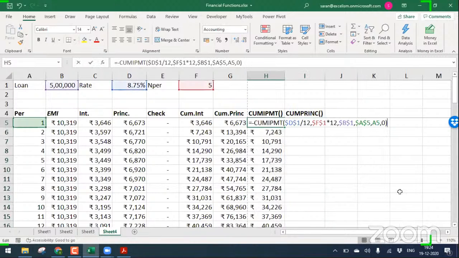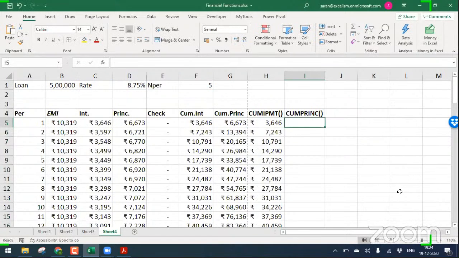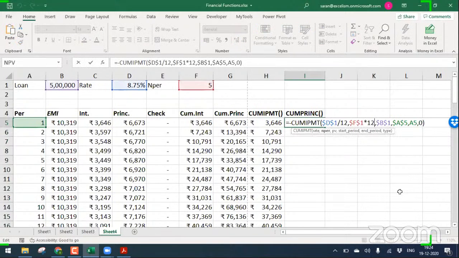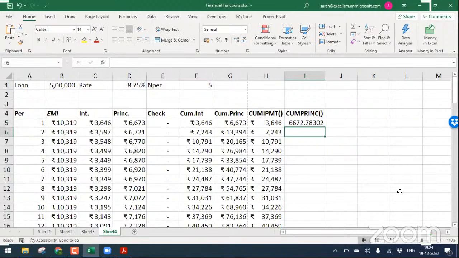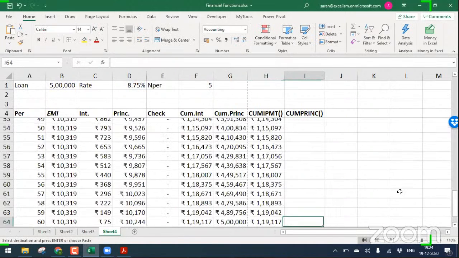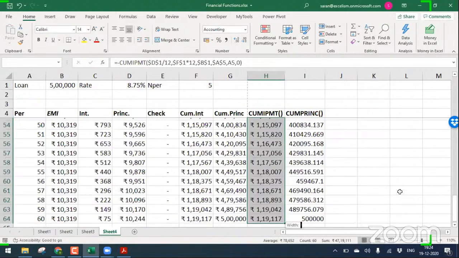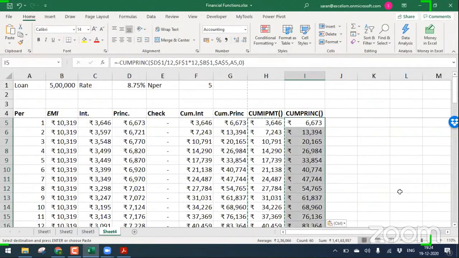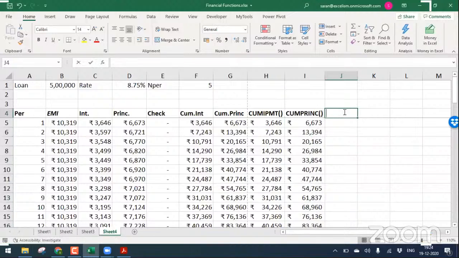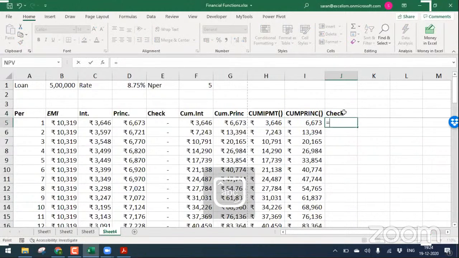Right, so cumulative principal is exactly the same, but I just need to change the name of the function to CUMPRINC, copy and paste. So what I can simply do, copy, paste special format because I want the same format. If you check the manual process you've done against the formula, it has to be the same, this minus this plus this minus this.